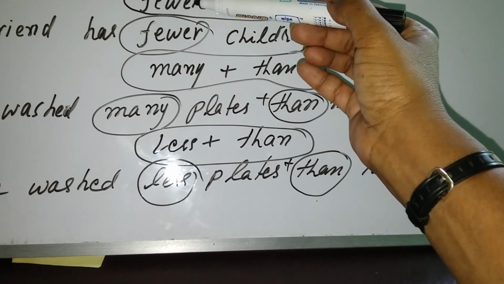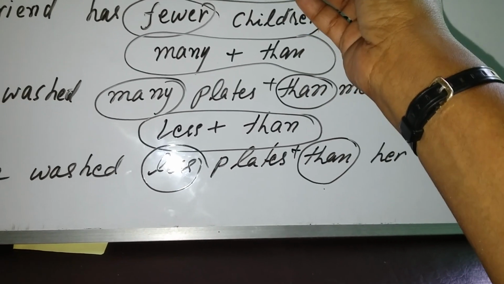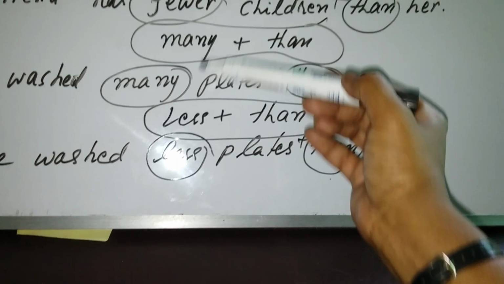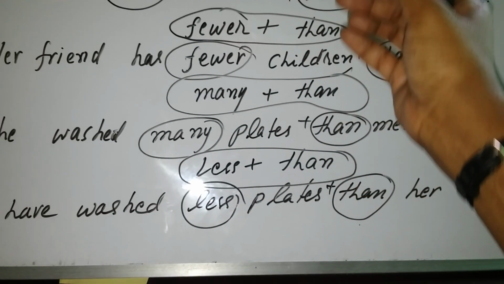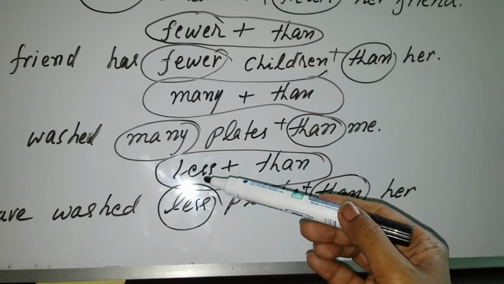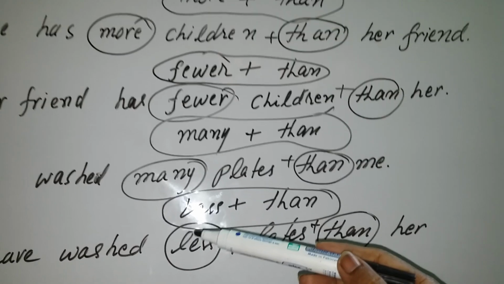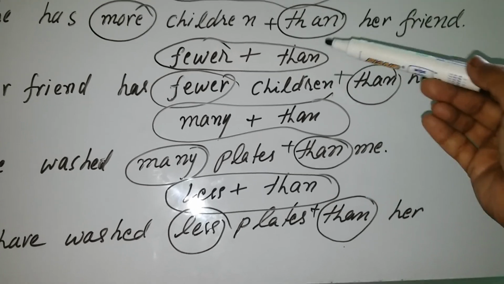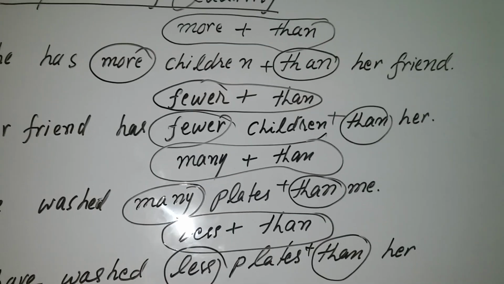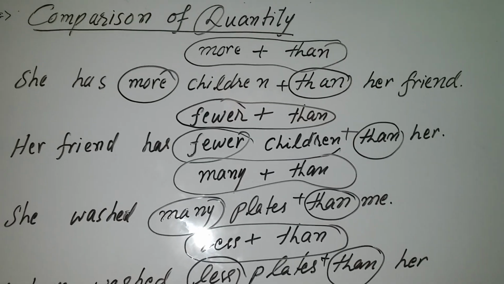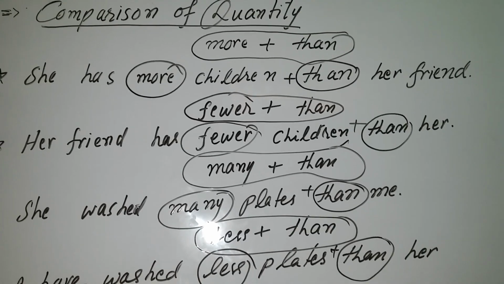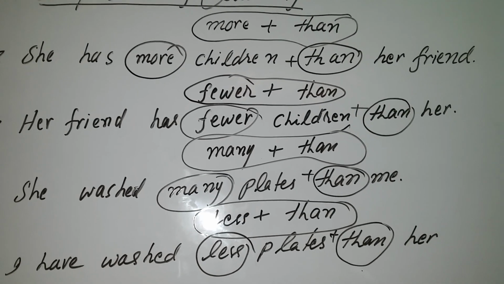More and fewer, many and less. These words can be used to make the comparison between the quantity of nouns. This is the way of making the comparison of quantity. Let's proceed towards the next thing.